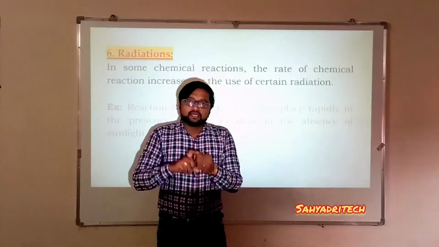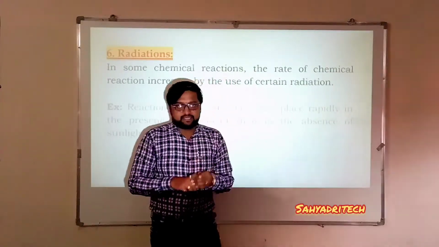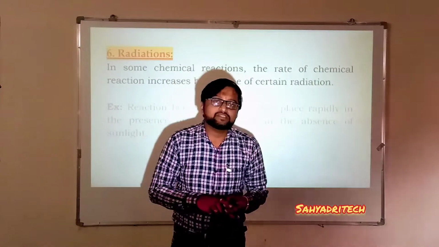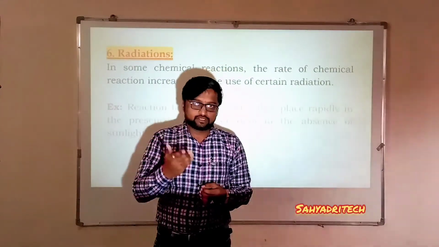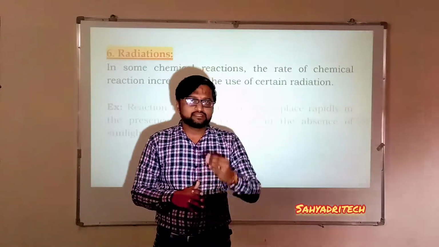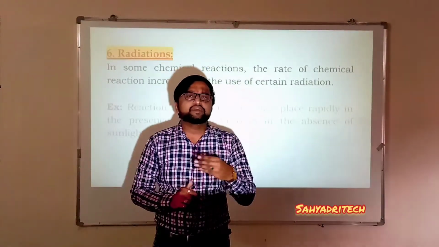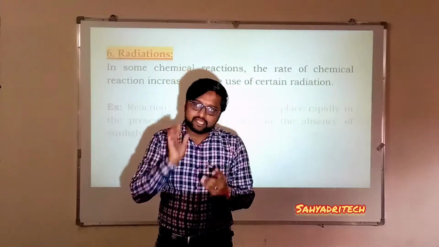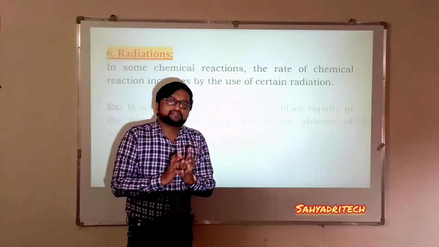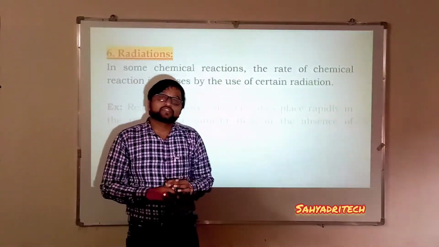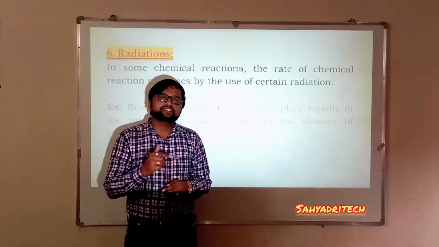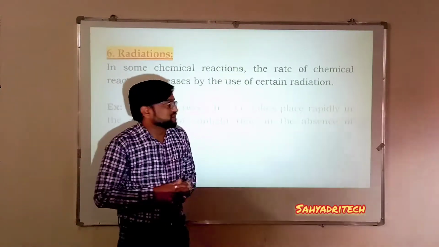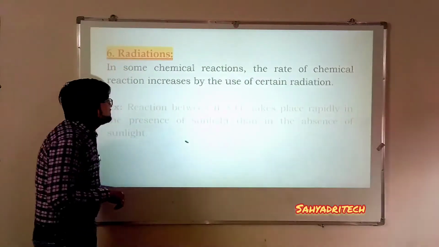In the presence of sunlight, the rate of reaction increases 100-fold, 1000-fold; it becomes very high. Therefore, in some cases, radiation also influences the rate of a reaction. Generally, it is directly proportional.